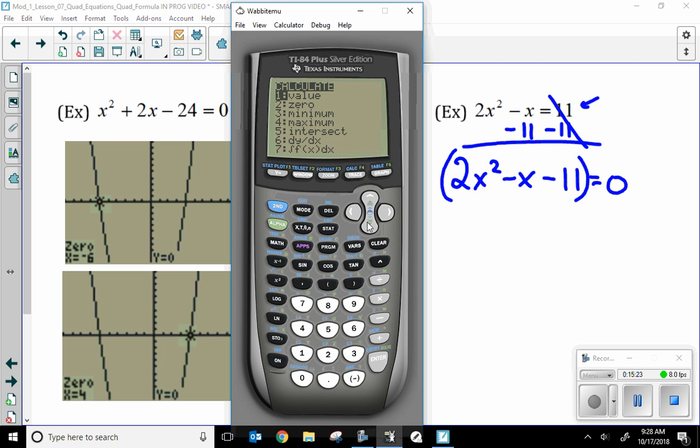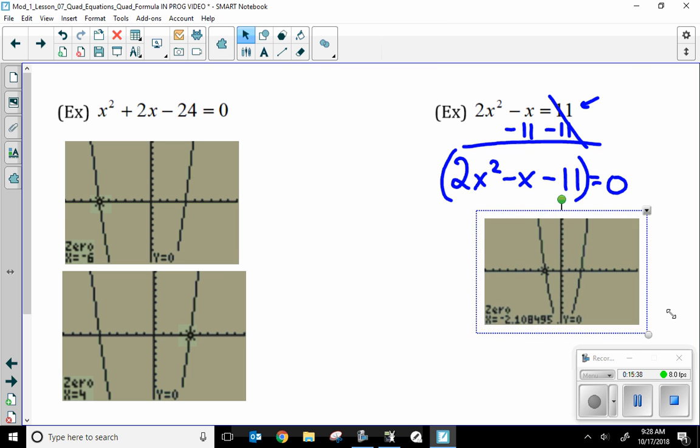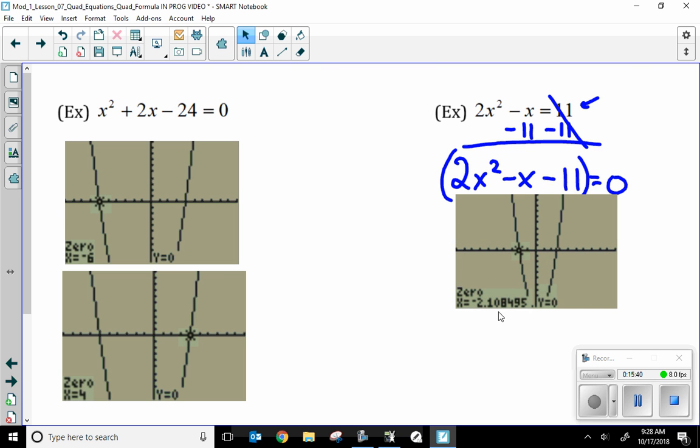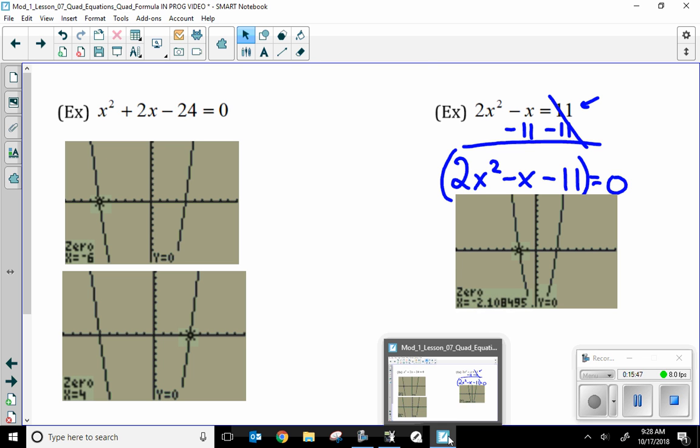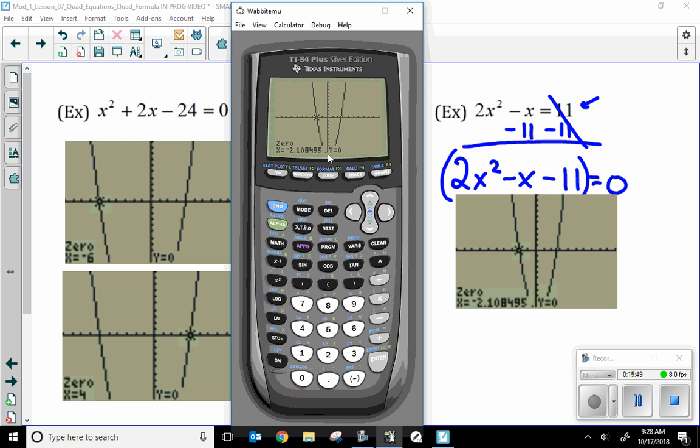Second trace, I want the 0. I got to go left, enter, right, enter. There's my bow tie, so I know it's good. Hit enter. There's my first 0. If I were to round to the hundredths place, it would be negative 2.11. Okay. Now I need to do my right solution, or 0.